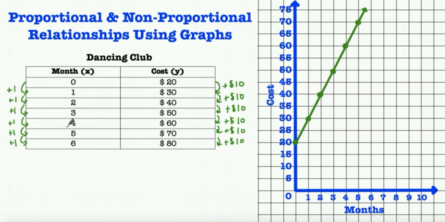So we know that each month is an additional charge of $10, and we're going to list out our rates to see whether or not this is proportional. So it's $30 the first month. Then it's $40 the second.